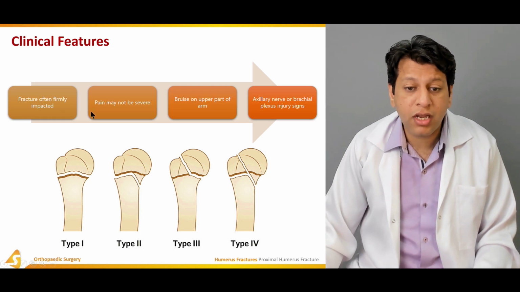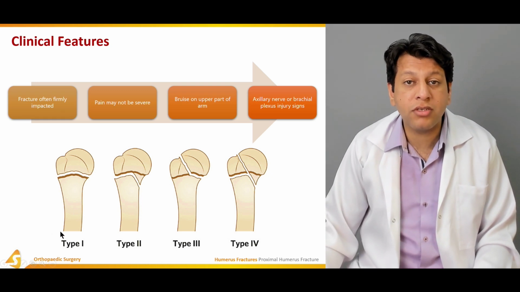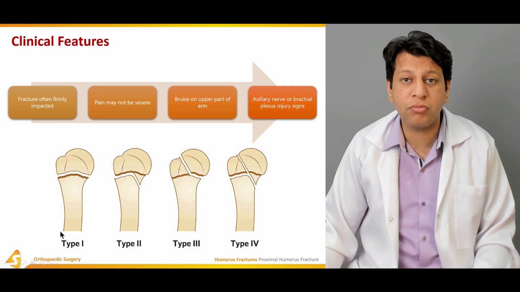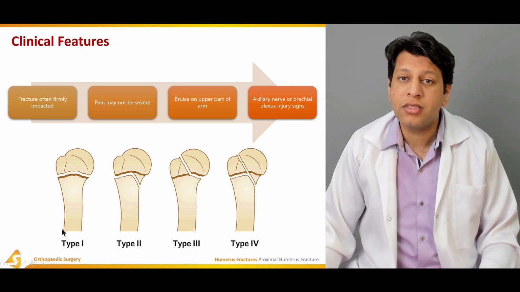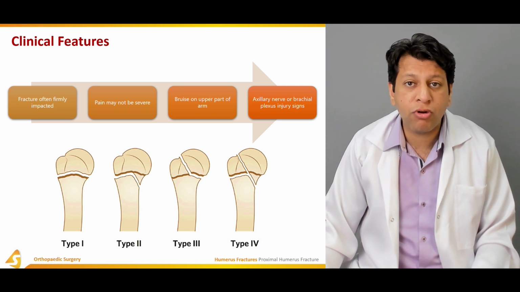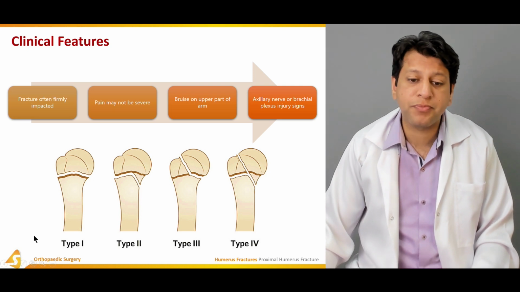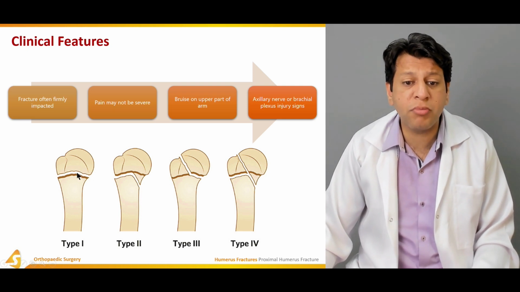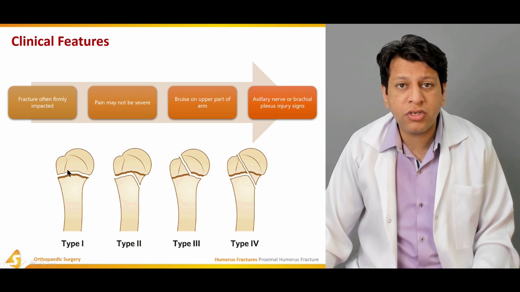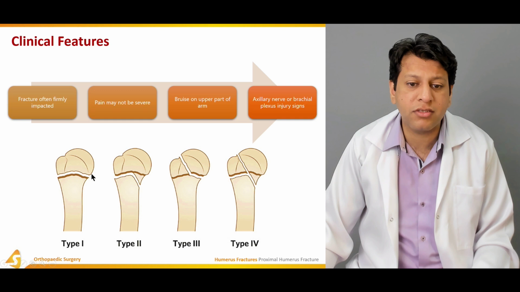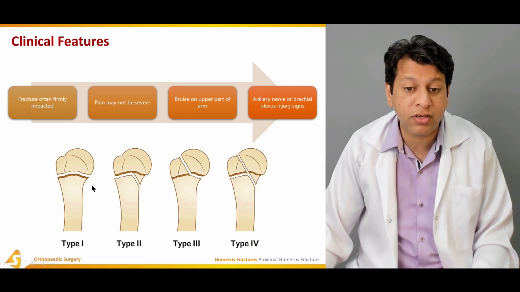Now this diagram briefly describes the classification of proximal humerus fractures in children. The main classification followed is the Salter-Harris type. Type 1 is the commonest, especially in children less than 12 years of age, and the fracture line passes through the physis, or through the substance of the physis.